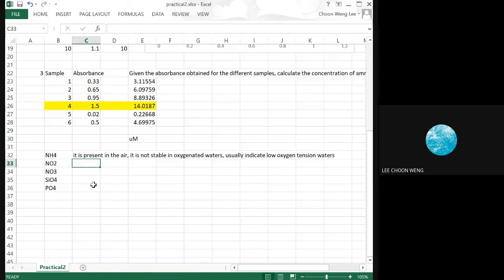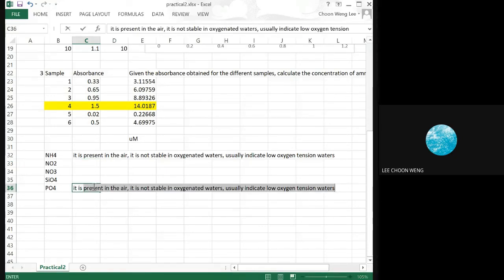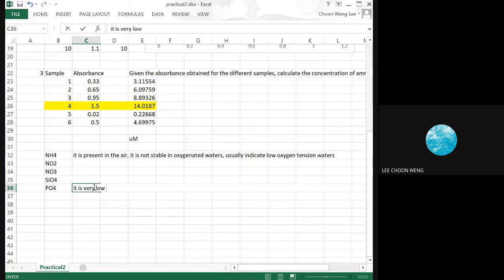Okay, for phosphorus, it is very low in waters. So when we measure it in the coastal waters, yes, we can measure it, although it's usually about 0.1, 0.5 micromolar. However, in the oceans, it is much lower.